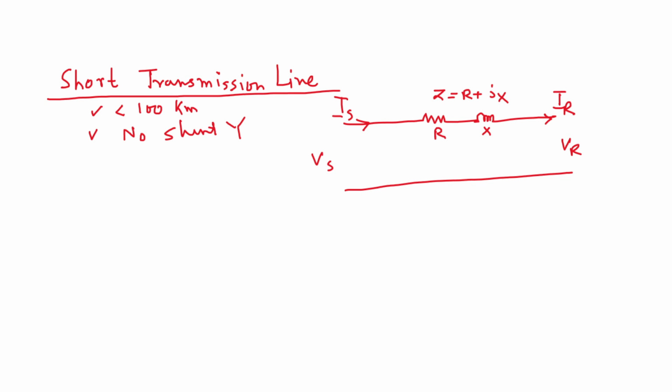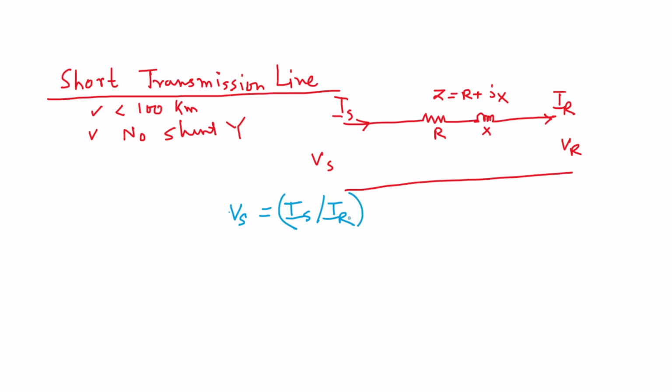So now if we analyze this equivalent circuit of a short transmission line, the KVL equation can be written as Vs equals Is, or Ir, whatever you can say, because both are same.